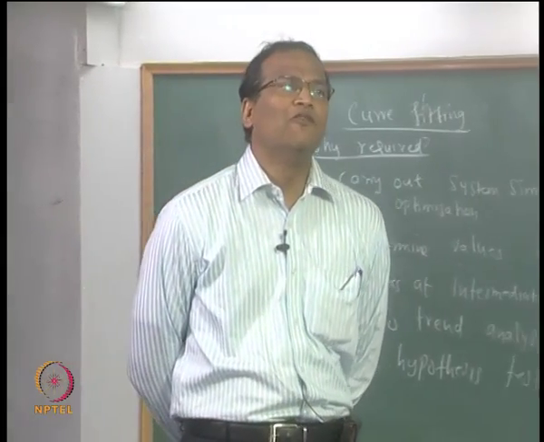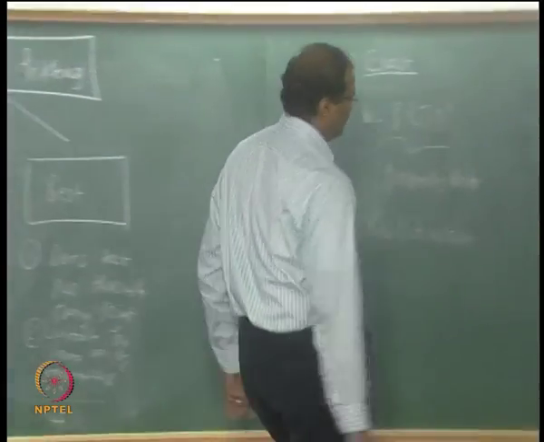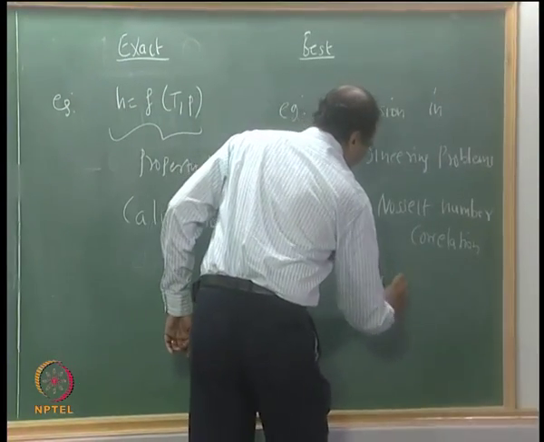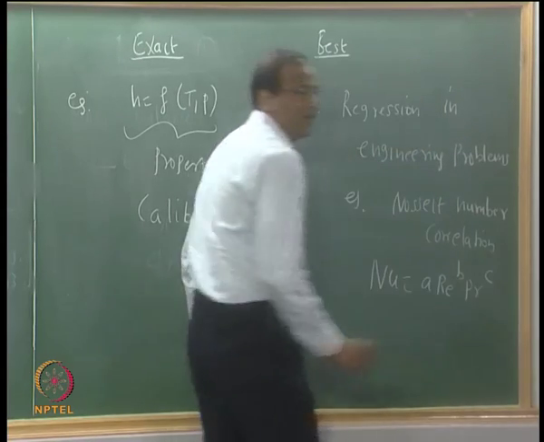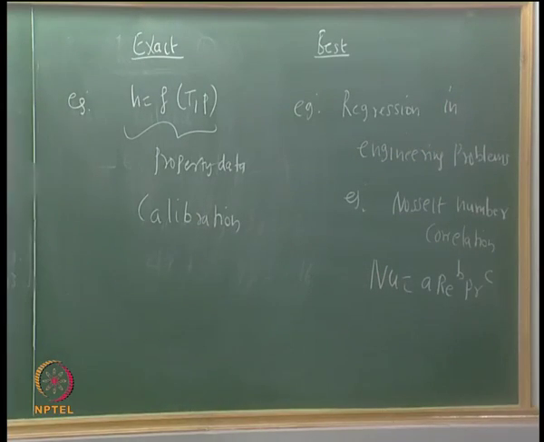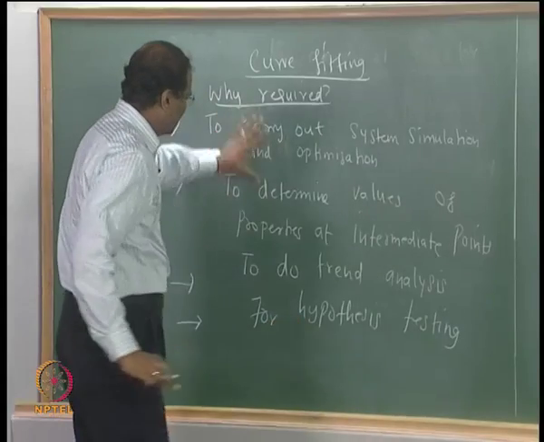So, now if you know the correlating variables, for example, the Nusselt number goes as A Reynolds to the power of B, Prandtl to the power of C. If you have sufficient number of data, it is possible for you to get A, B, C from experiments. Okay. Now, why is it required to carry out all this?